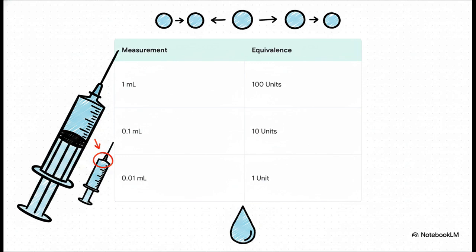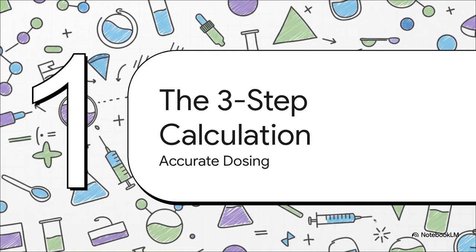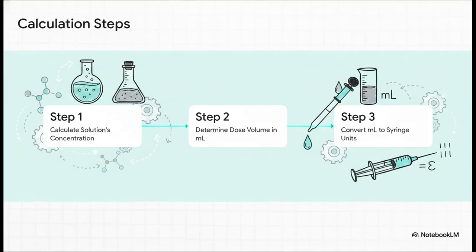Okay, now that we're all on the same page with the units, let's get into the fun part, the actual calculation. I'm going to walk you through a really simple 3-step process that'll get you an accurate dose every single time. We're just going to go right down the list. Step 1, figure out how strong your solution is. Step 2, find out how much of that liquid you actually need.